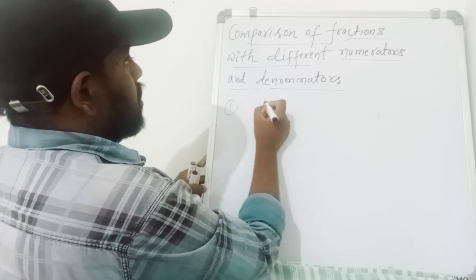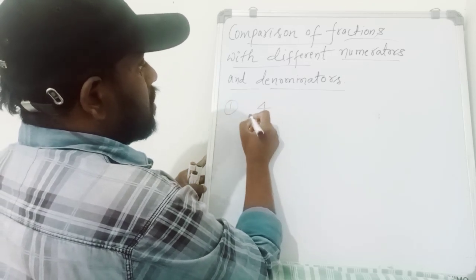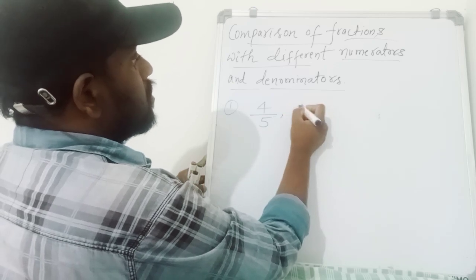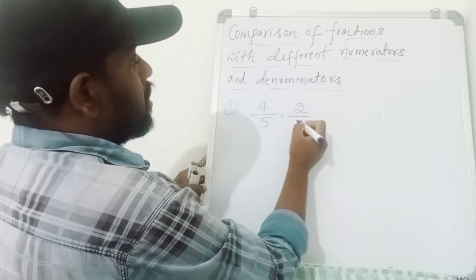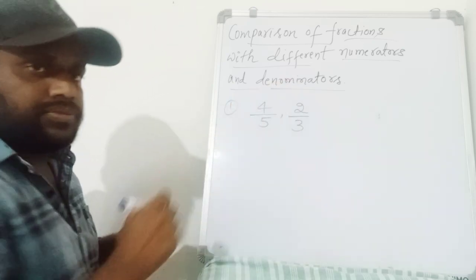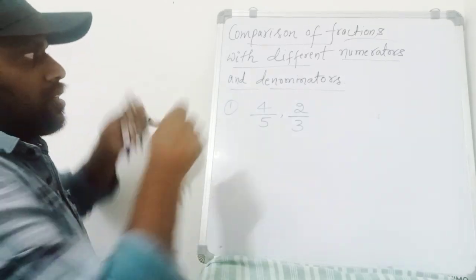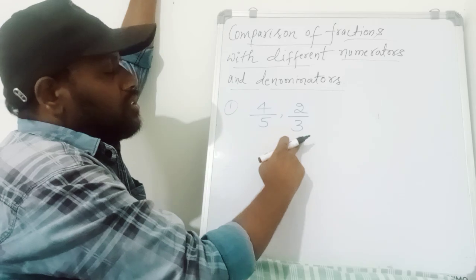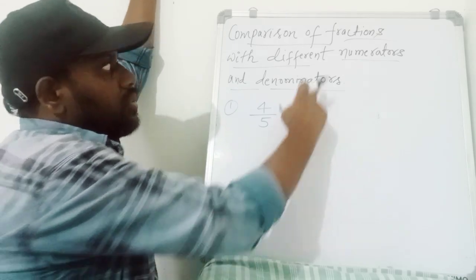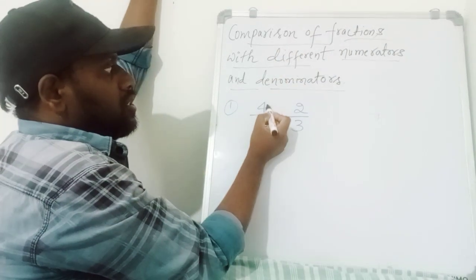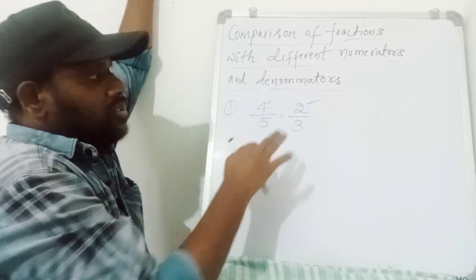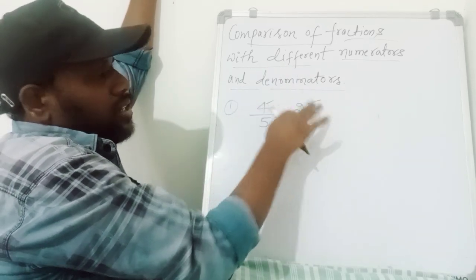For example, 4 by 5 and 2 by 3. This is the concept of comparing fractions with different numerators and denominators. See, 4 and 2 are numerators, and these numerators are different.